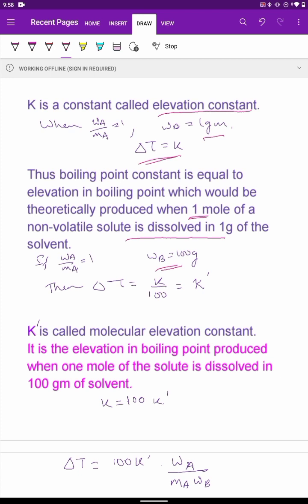This K dash, the molecular elevation constant, is the elevation in boiling point which will be produced if we dissolve 1 mole of the solute in 100 grams of the solvent. And K dash into 100 is equal to K.